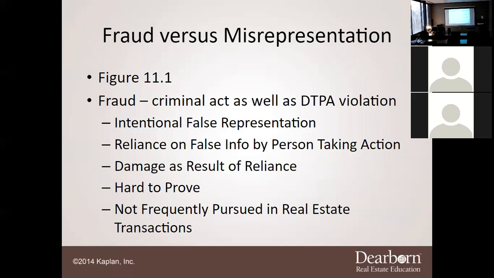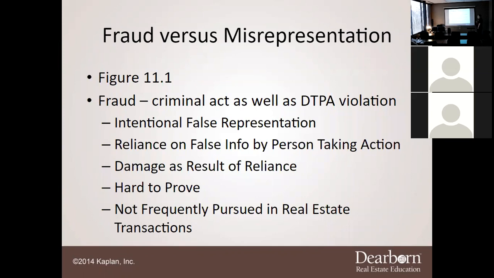To put it in layman's terms, let's say Mr. Garrett knows for a fact that the property has structural issues, but he fraudulently misrepresents it. It may not be criminal fraud, but it can be a DTPA violation, which is a civil matter. You see the differences here. Now, intentional false misrepresentation is going to be one of those situations as well.